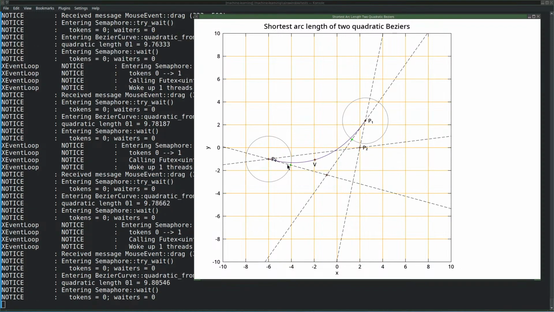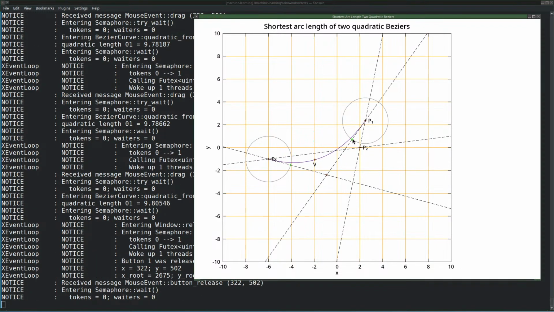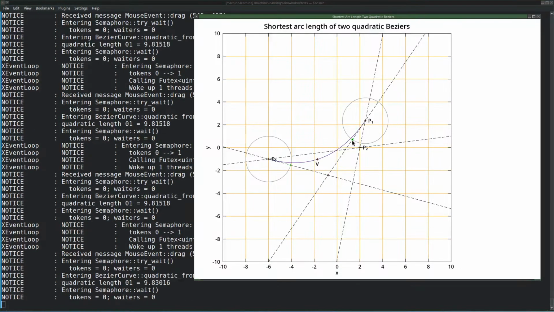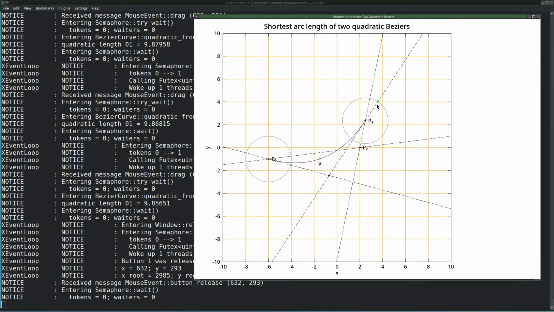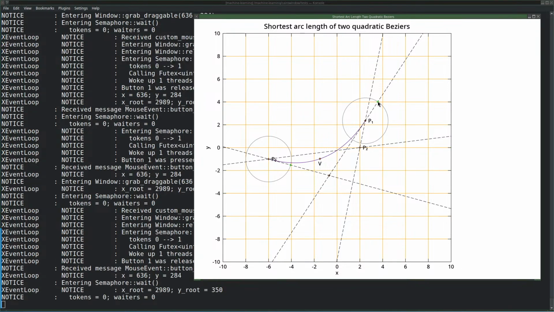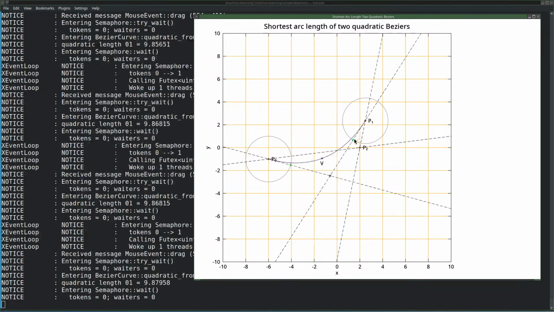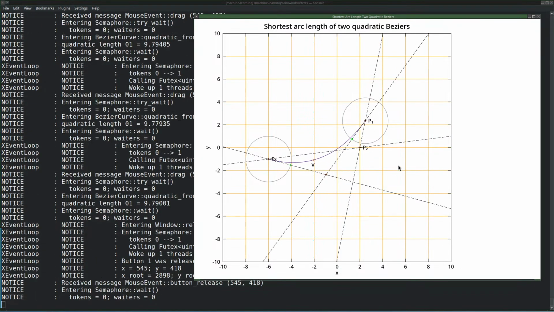Rotate it here, so it's more clear. So the line through these 2 points, if green is here or there, it doesn't matter. It's the same line. And from that we calculate the intersection point. And then I use the intersection point and exclusively the intersection point. So there is no difference between green here or green there. It's the same line and therefore the same intersection point.